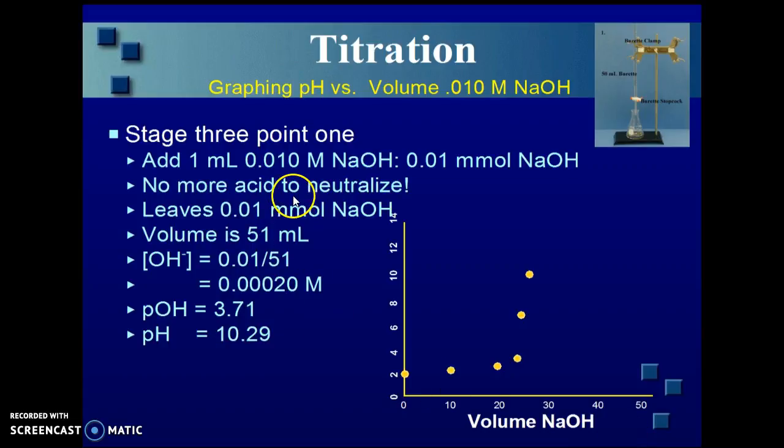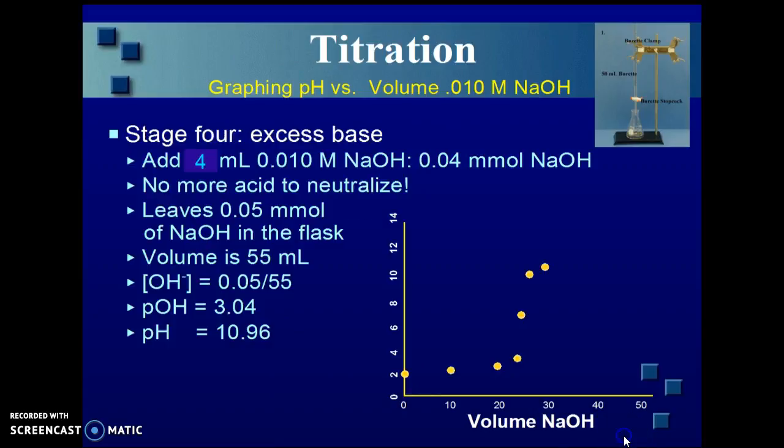There is now no more acid to neutralize, so that base is free in 51 milliliters. We have 0.01 millimoles of sodium hydroxide in 51 milliliters. We're now calculating the hydroxide concentration, which is 2 times 10 to the negative 4th molar. That gives us a pOH of 3.71, and the pH has now jumped to 10.29.